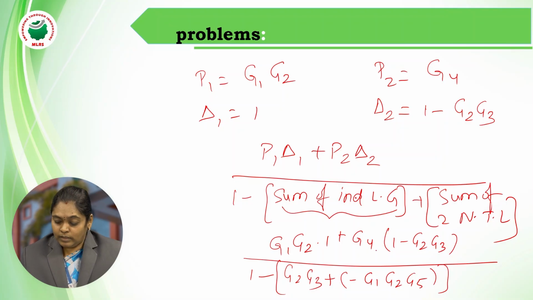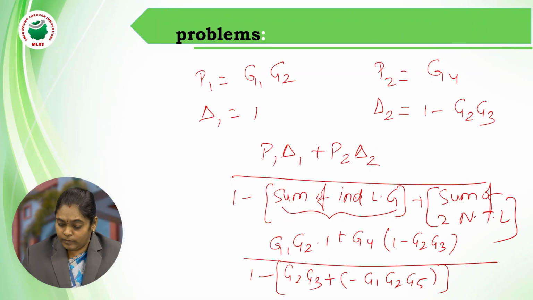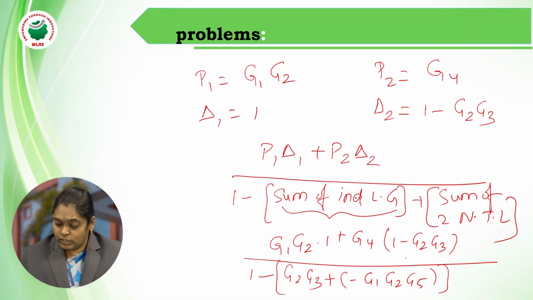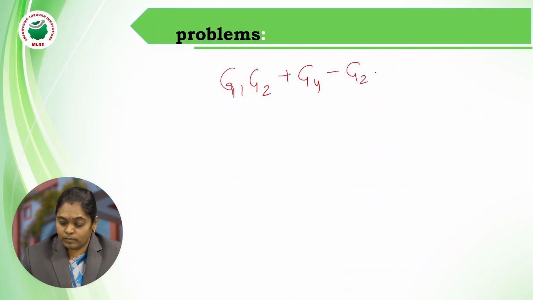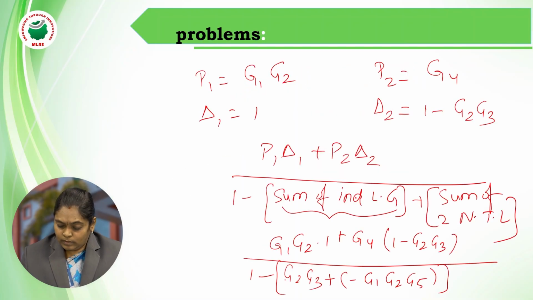So this can be written as G1, G2 plus G4 minus G2, G3, G4, by 1 minus G2, G3, and plus, into minus, minus, minus of minus is plus.